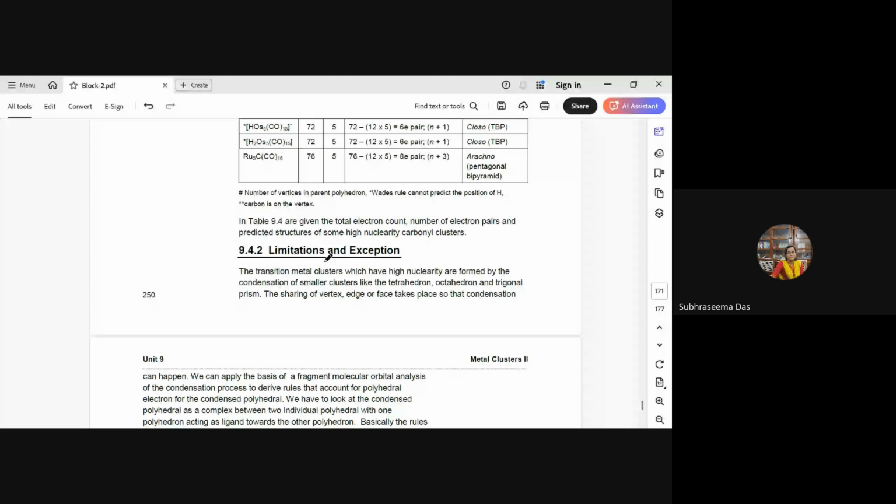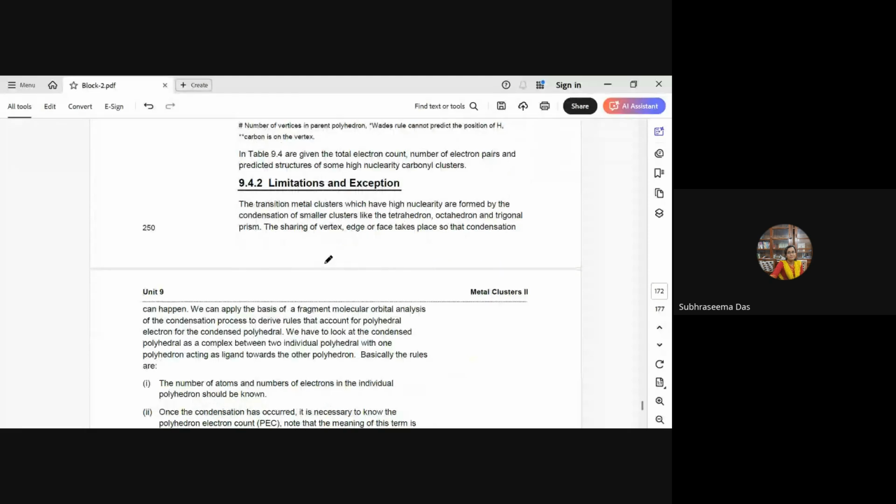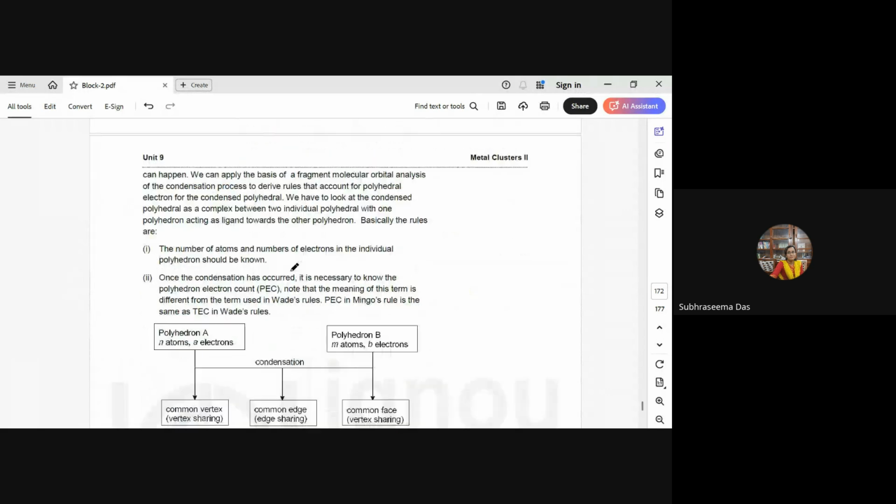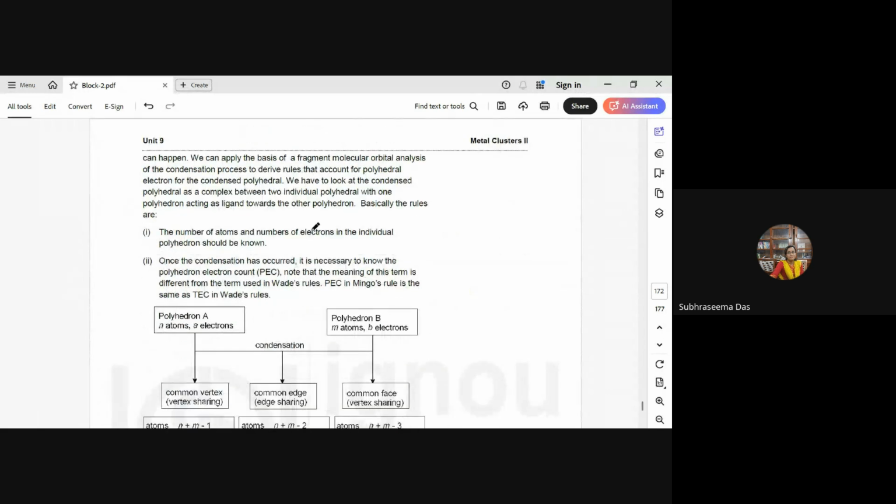Then coming to the limitations and exceptions. Although we apply this rule to transition metal complexes, it has certain limitations. First, the number of atoms and number of electrons on the individual polyhedron should be known. Then it is necessary to note the polyhedron electron count, or the total electron count.